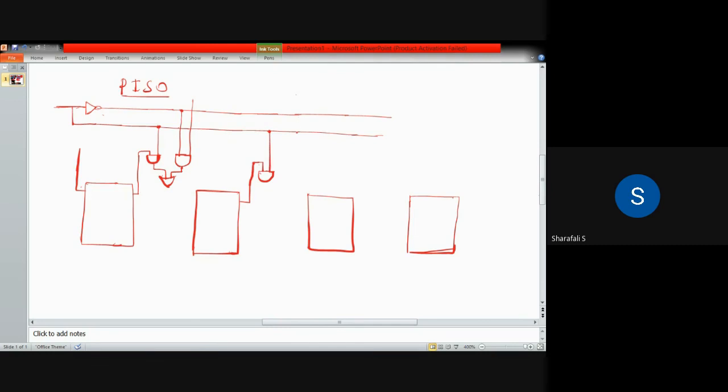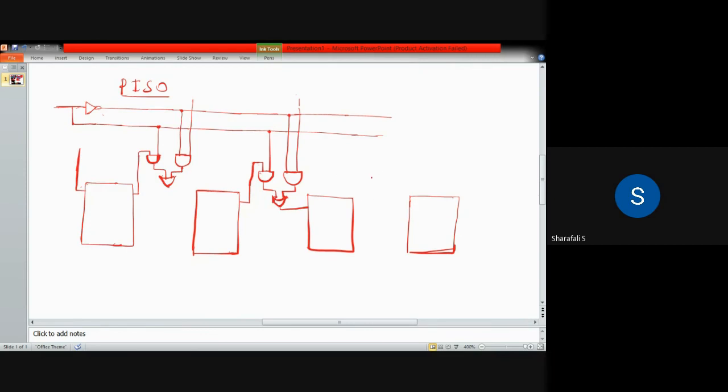And we have another AND gate with the bit connection. Then this is given to an OR gate. That is given to this input. This is simply an OR gate.